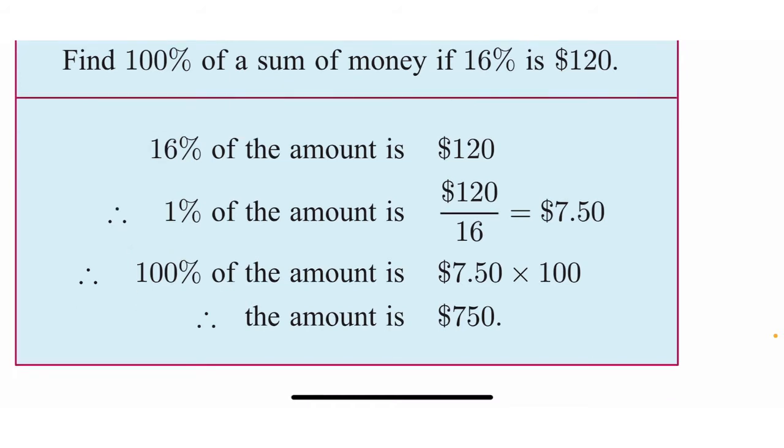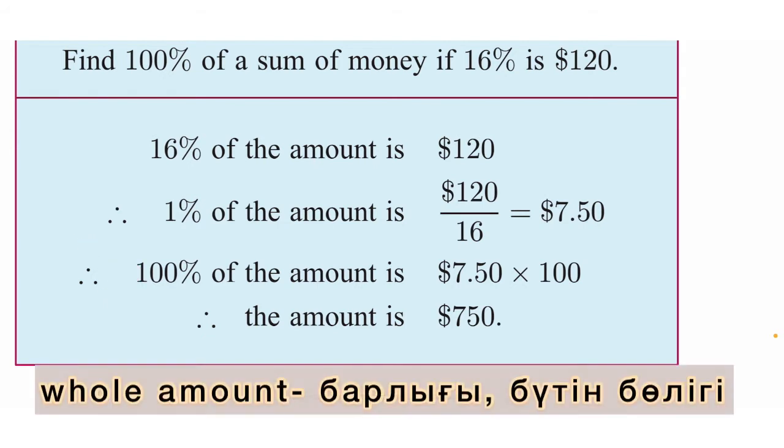We can use a proportion here and find x. What is 1%? To find 1% of the amount, we divide $120 by 16. Equals $7.5. This is 1%. But now we need to find 100%, the whole amount of money.